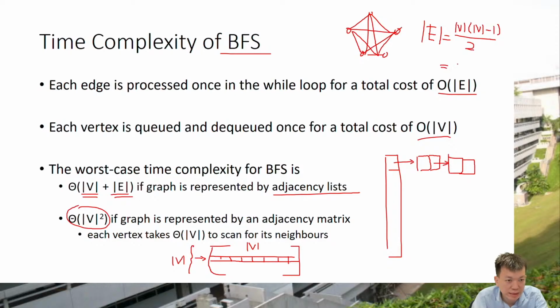So this again is V squared. So in the worst case, if your given graph is a complete graph, whether you implement it with an adjacency list or an adjacency matrix, there is no difference.